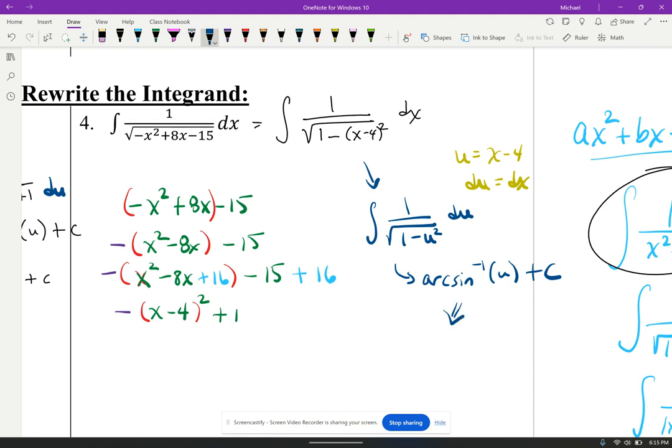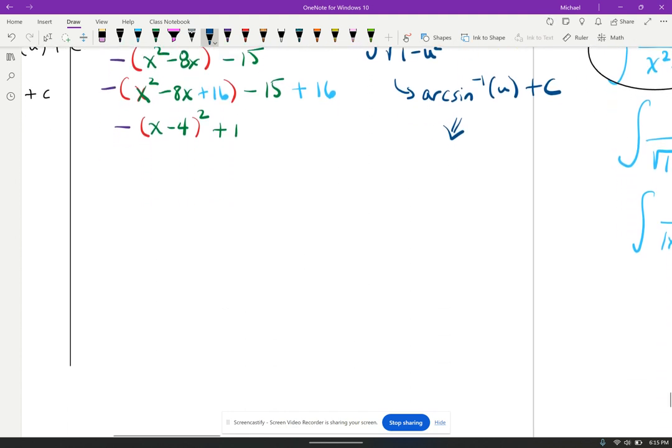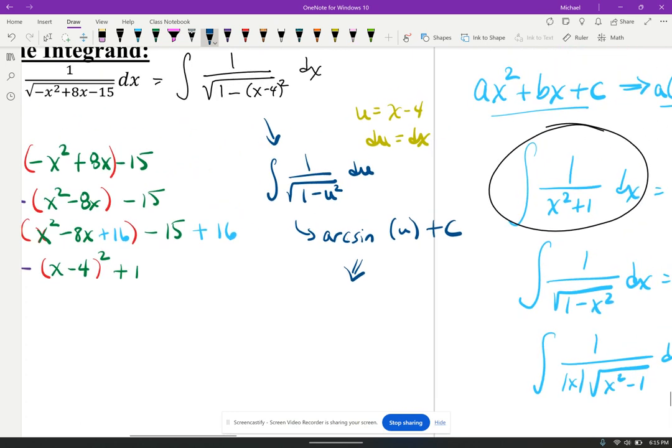And then I can put it back in terms of x. By the way, I'm writing arc sine and I put the inverse, I'm sorry. Either write arc sine of u or write sine inverse of u. Don't do both like I just did. And then that's going to lead me back to arc sine of x minus 4 plus c.